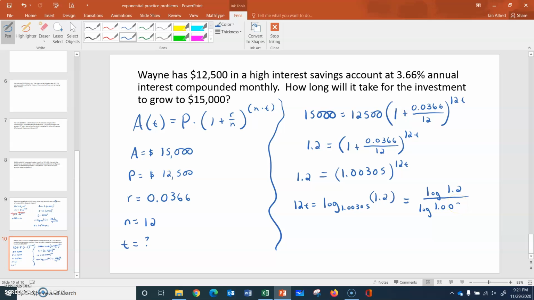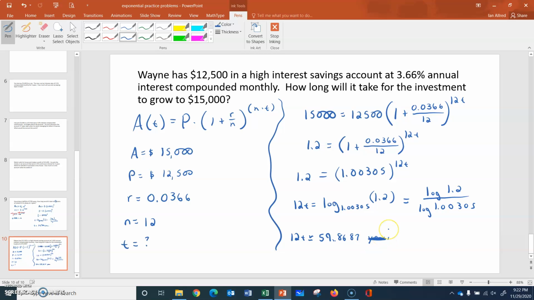So 12t is going to be approximately, if I put that thing in my calculator, about 59.8687.